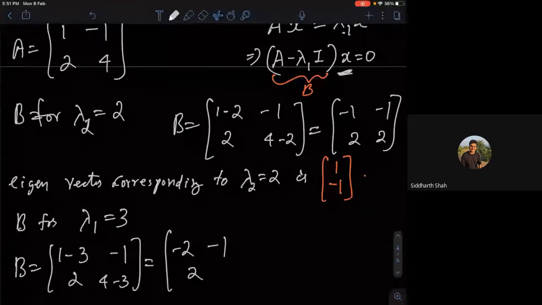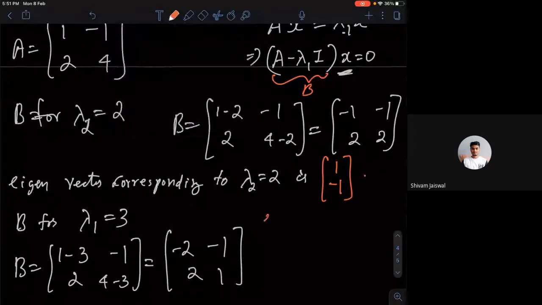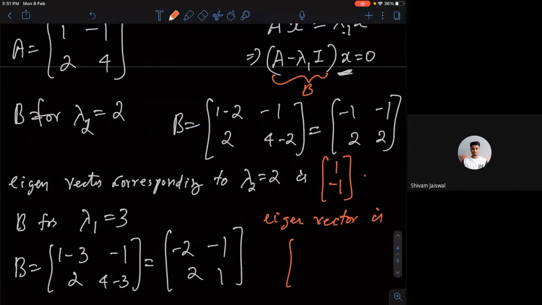What is the eigenvector corresponding to this? Minus 1, 2.